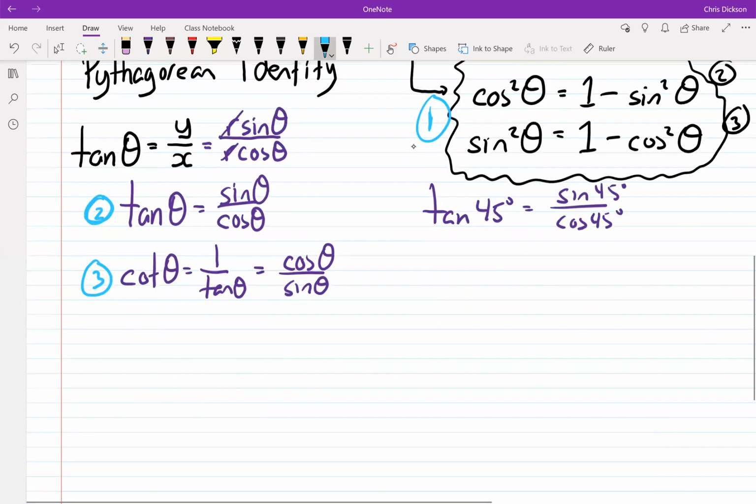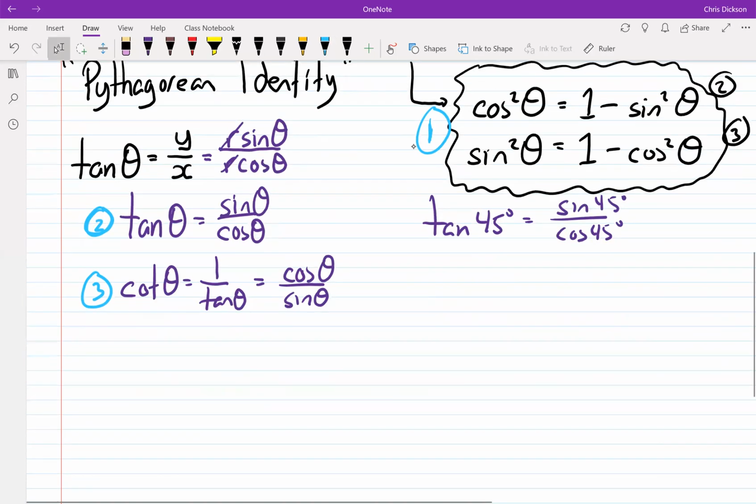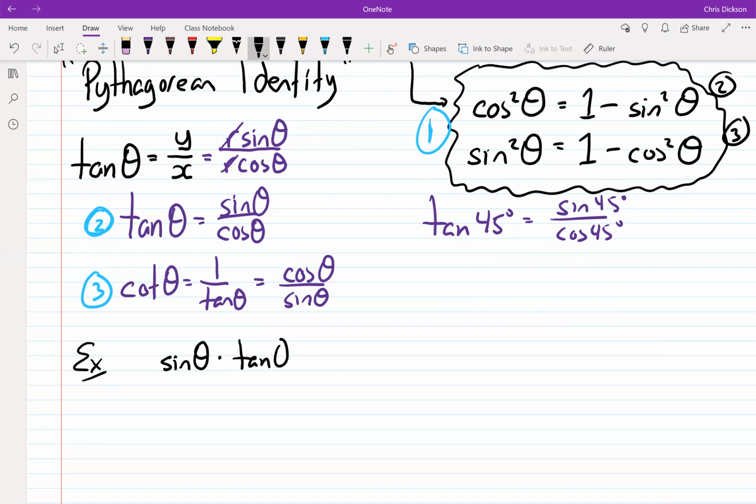Okay, so let's take a look at what might look like a really confusing statement when you first get it. Let's say you had something like sine theta multiplied by tan theta multiplied by cos theta multiplied by, let's think, the cosecant of theta, okay?